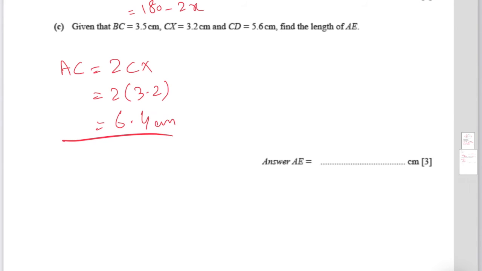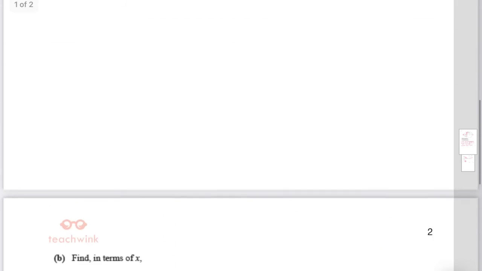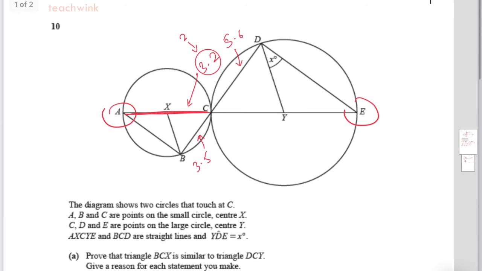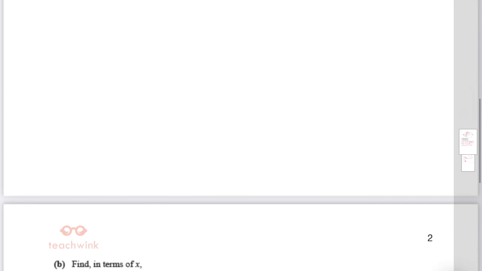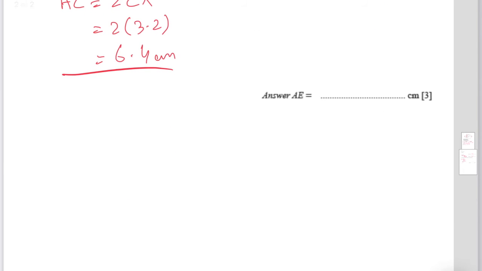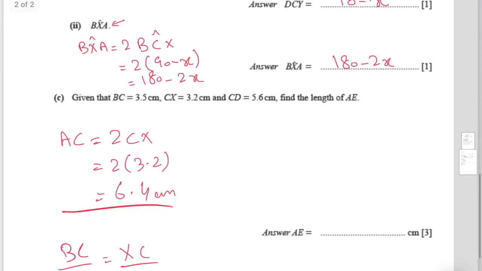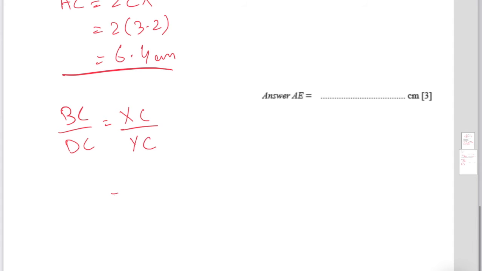We have the diameter of the smaller circle. Let's find the diameter of the larger circle. For the larger circle, we need this length. Now we will need to use the concept of similar triangles to find this length. So we say that BC over CD is equal to XC over CY. So BC over DC is equal to XC over YC.